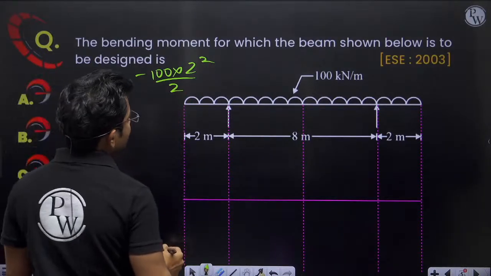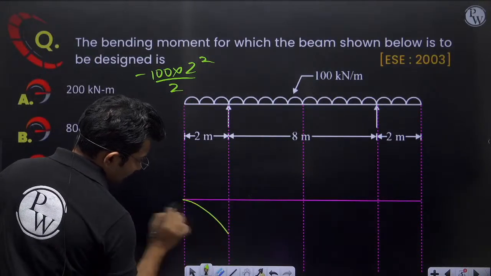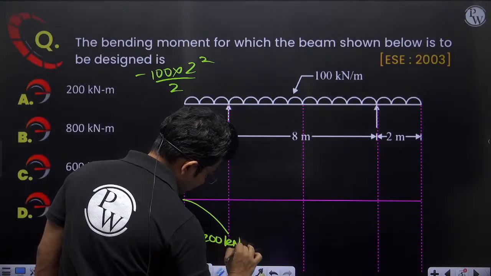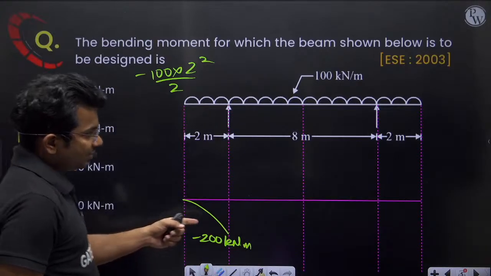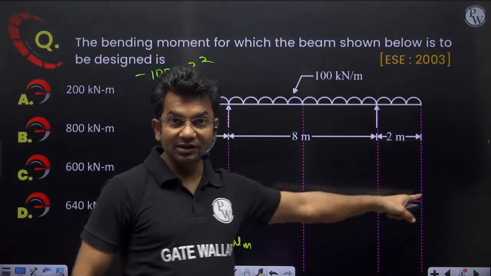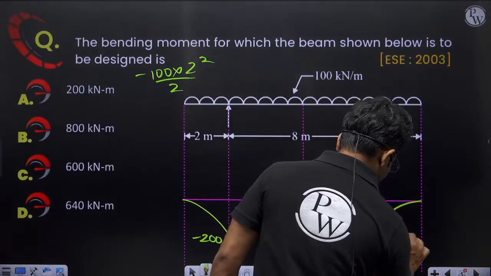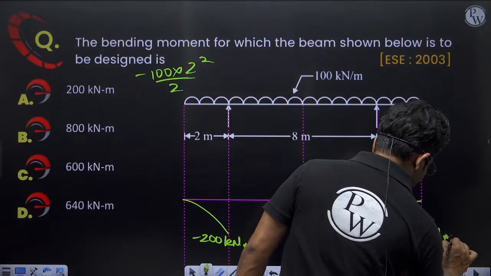So it will be minus 200 kilonewton meter. Here the maximum bending moment will be minus 200 kilonewton meter. Similarly it is symmetrical, so at this location also we will be getting minus 200 kilonewton meter.